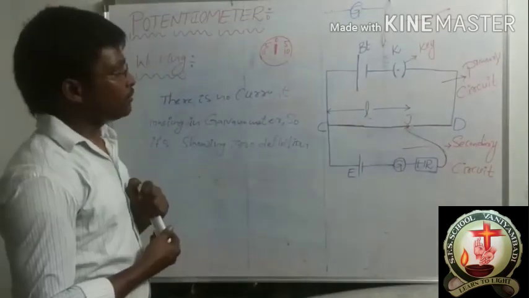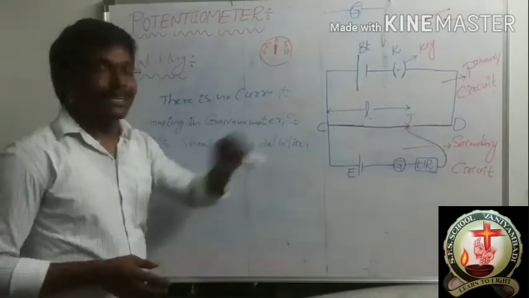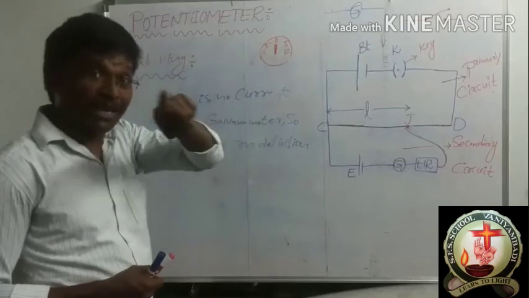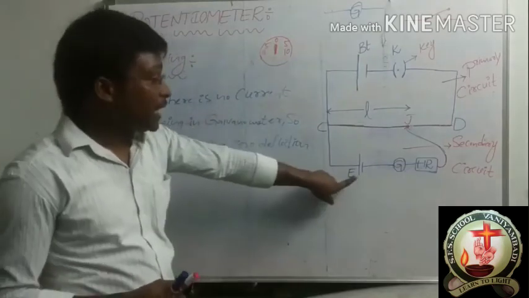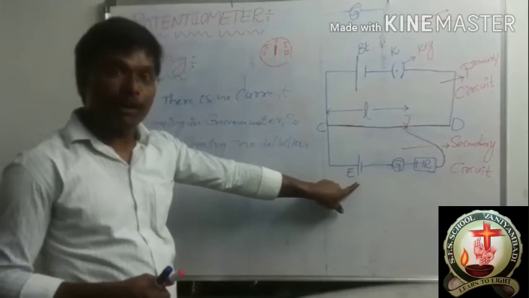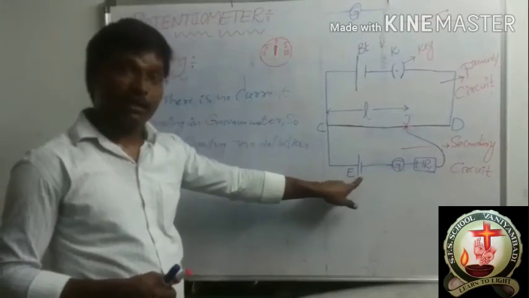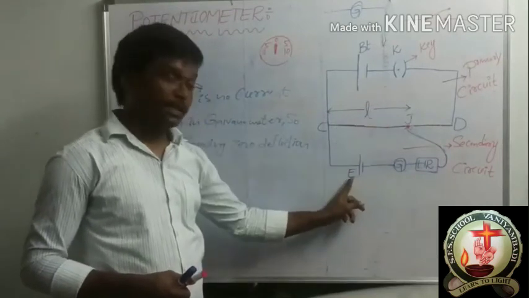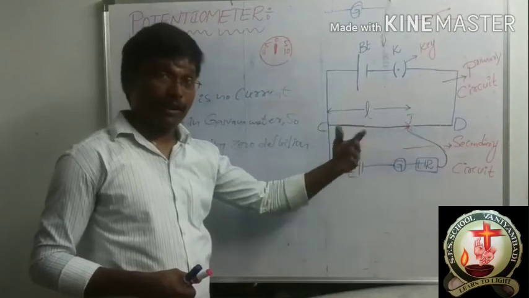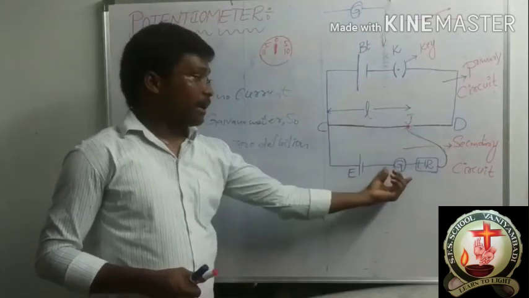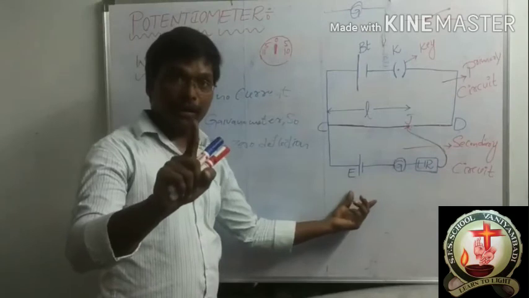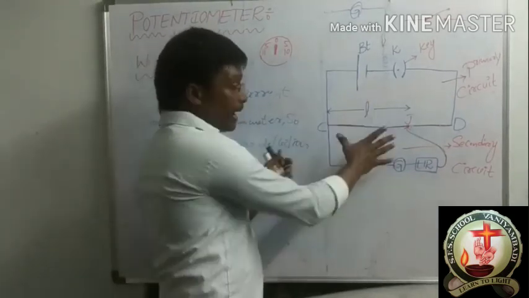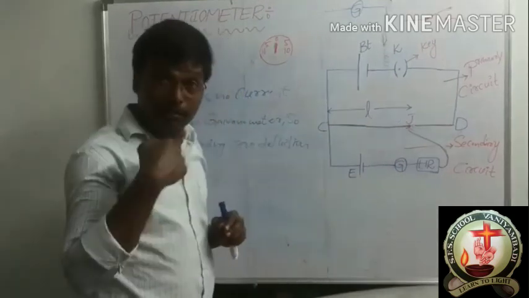Okay. Now, in this condition, when the galvanometer is showing zero deflection, the EMF of the cell is directly proportional to the balancing length.